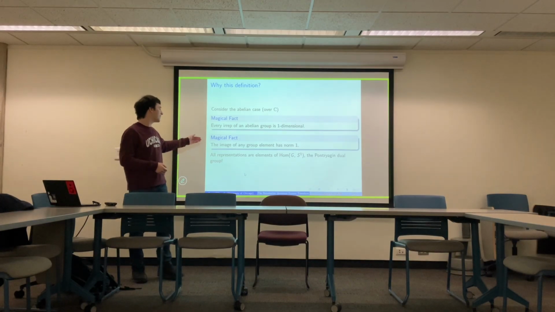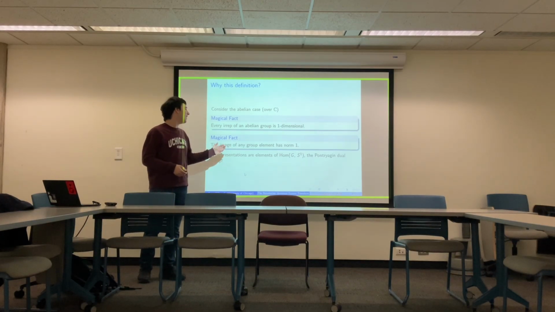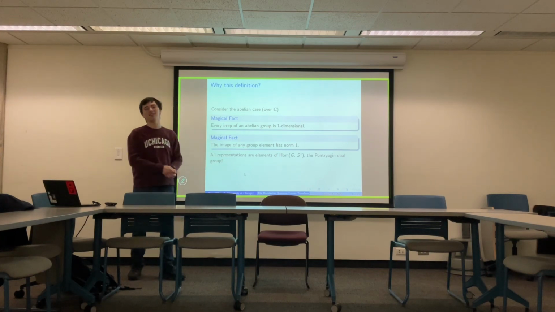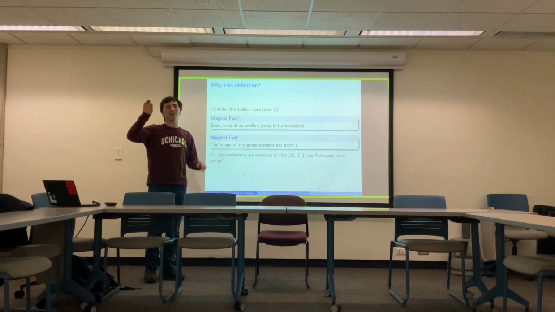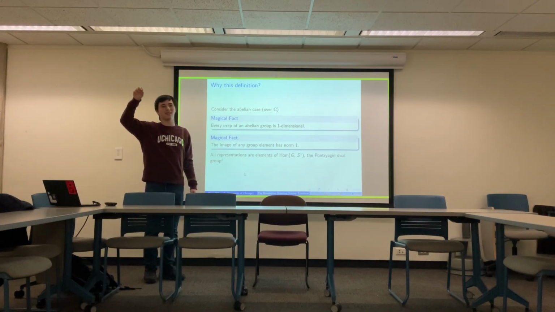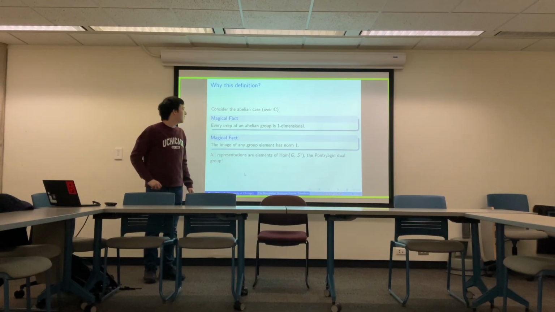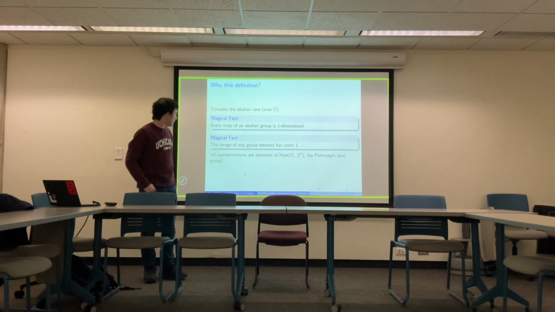And so magical fact number 2 is that the image of any group element under a representation has to have norm 1. And this is a little less magical. It's just because if it didn't have norm 1, you just keep taking powers and it would not loop back around to the identity, it would just keep going. Yeah, okay. Spiraling around.